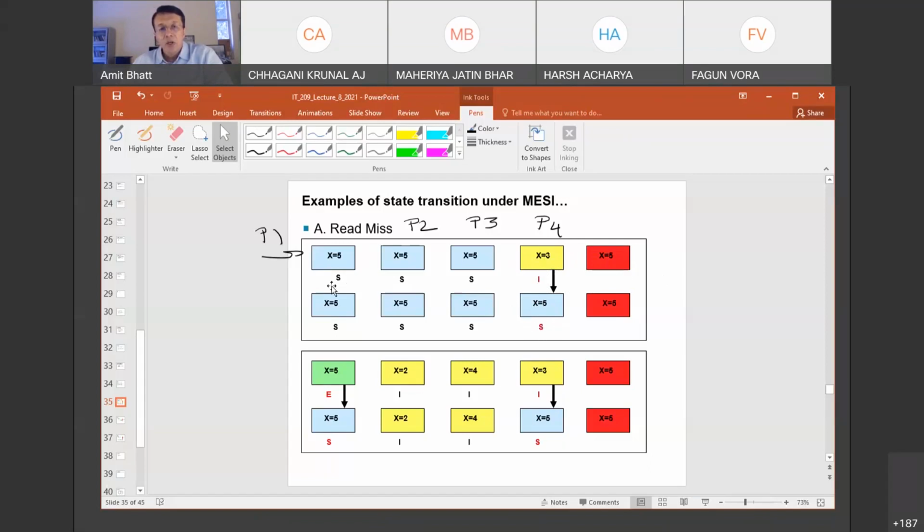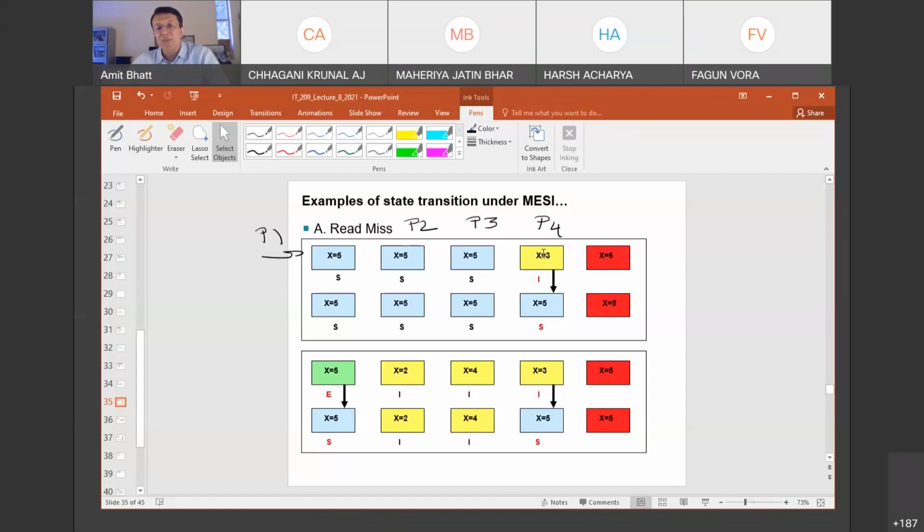Let us go over this problem once more. P4 wants to read something. In all other processors, this particular block has the value of the word X as 5, and they all have a flag of S, meaning these are all shared and current, and the main memory value is also valid and current.